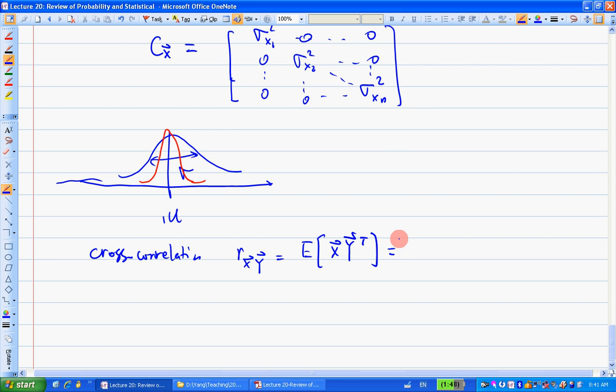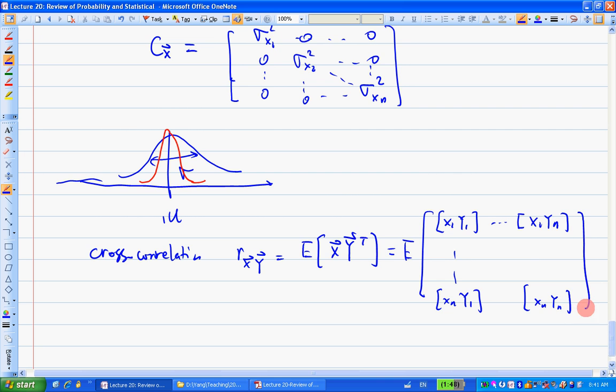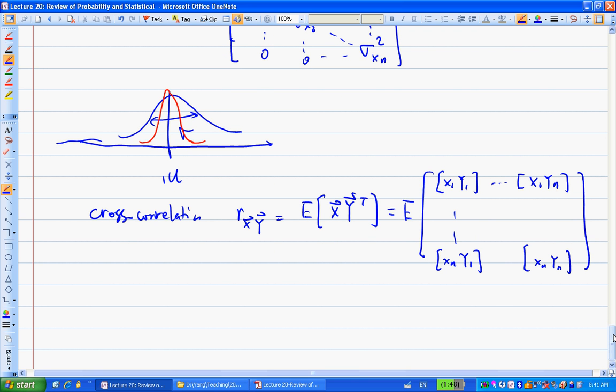If you write it out, it's the expected value, and you can write the E inside the matrix or outside the matrix, that's fine. So x1y1, up to x1yn, like this, xny1, xnyn, right? So that's the cross correlation.